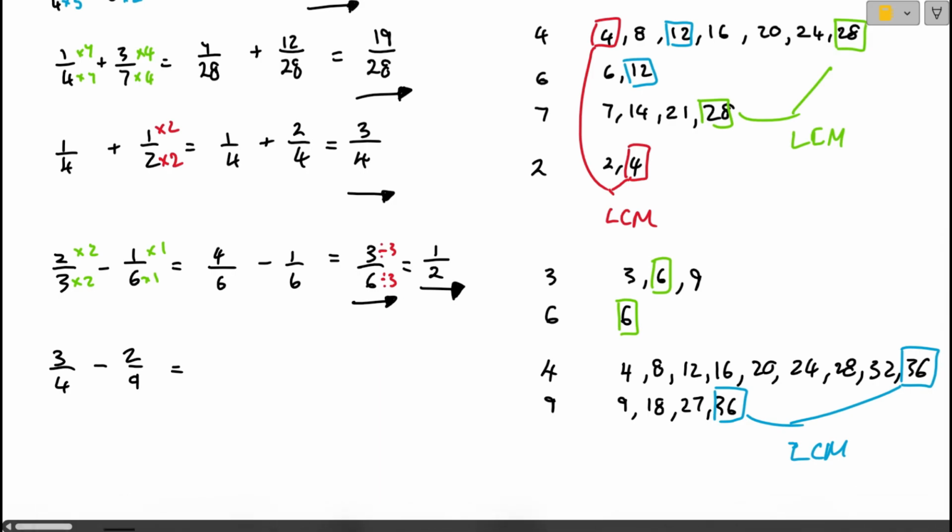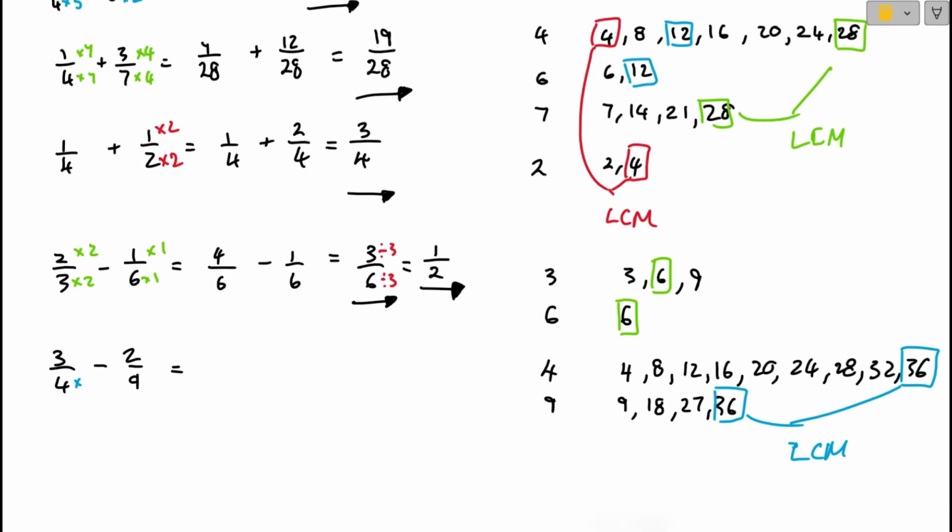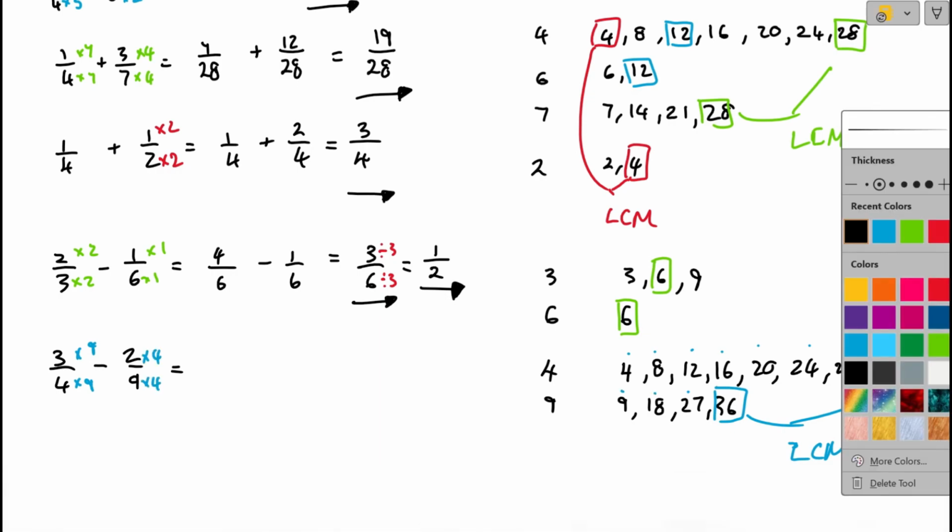So what did I have to multiply 4 with in order to get 36? So this is 1, 2, 3, 4, 5, 6, 7, 8, 9. Okay, so that's times 9. And then for 9, we have to multiply 9 with 1, 2, 3, 4 to get 36.